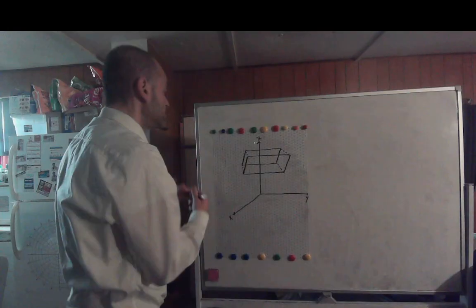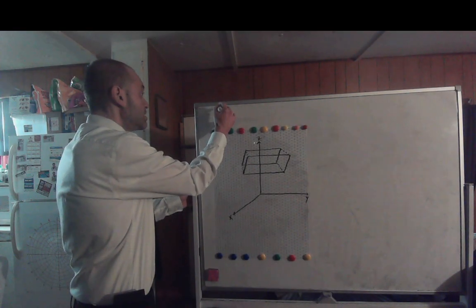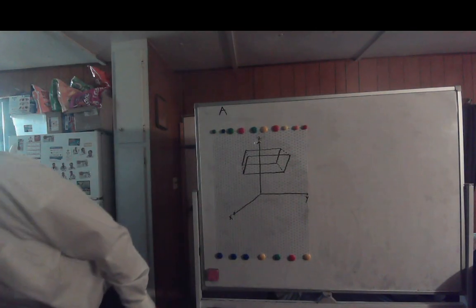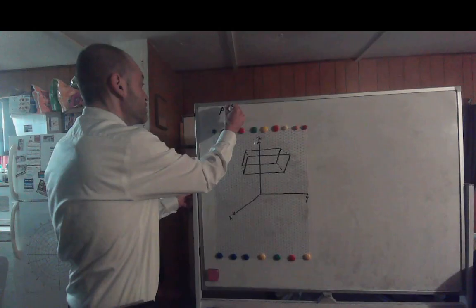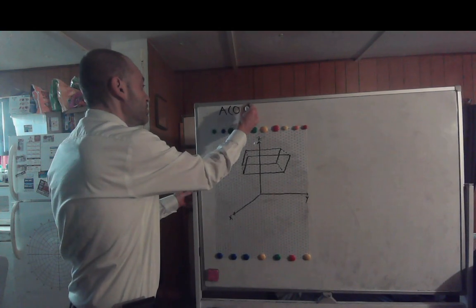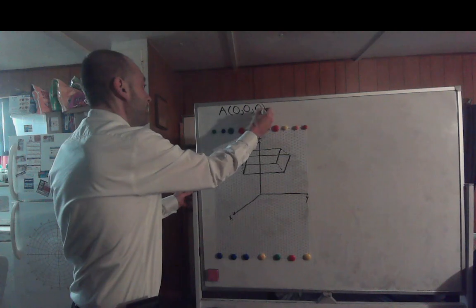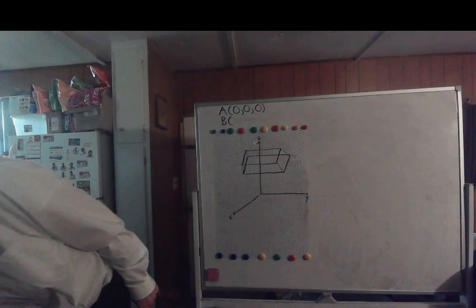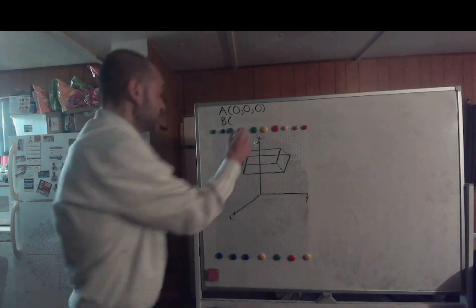So vertex A will be at the origin, 0, 0, 0. Vertex B will be at 4, 0, 0.